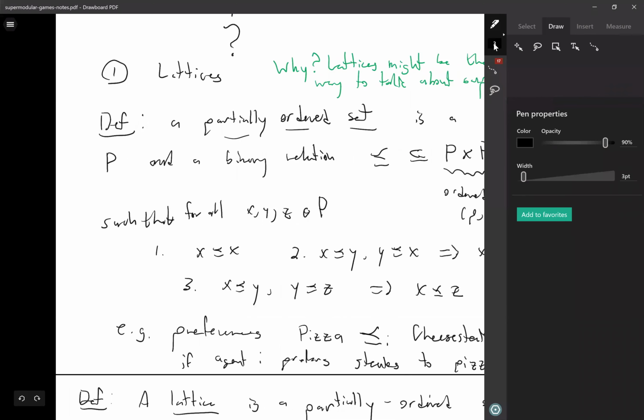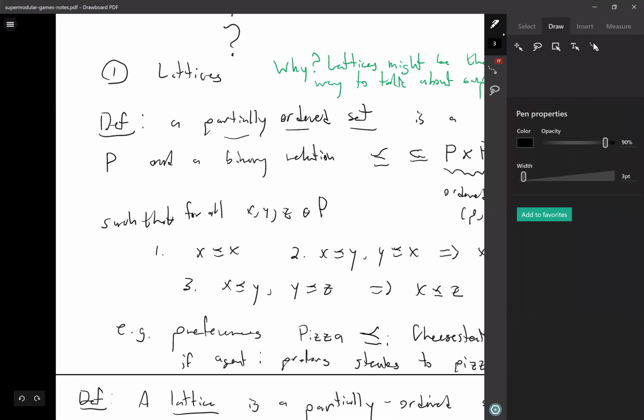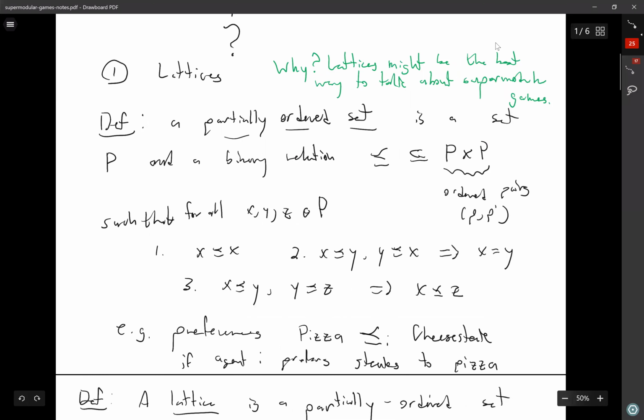The first property is reflexivity. So an element of the set is related to itself.